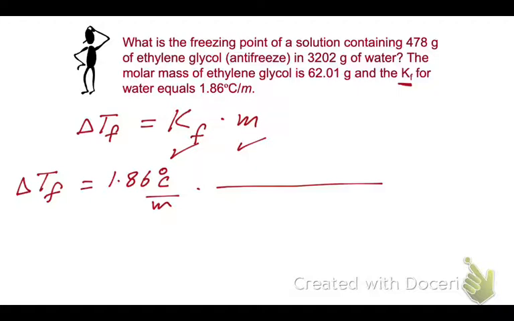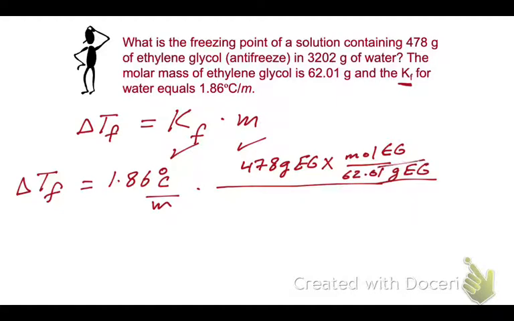Yes, which is 478 grams of ethylene glycol, and then they gave me the molar mass, so 1 mole of ethylene glycol has a molar mass of 62.01 grams of ethylene glycol. And then I do have the grams of water, which is the solvent. I'm just going to say in kilograms, it's 3.202 kilograms of water.